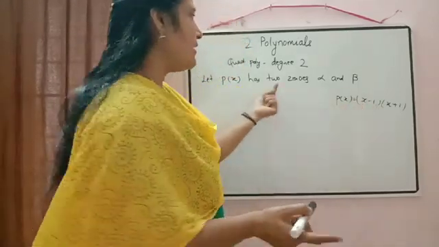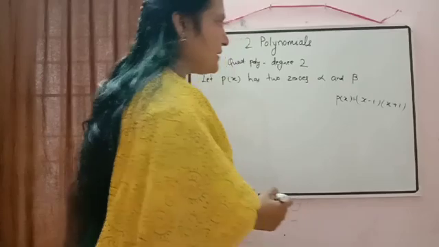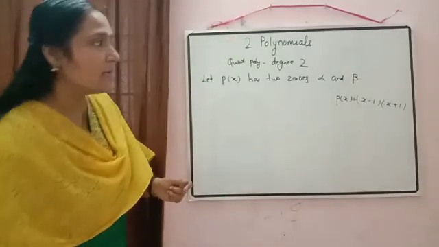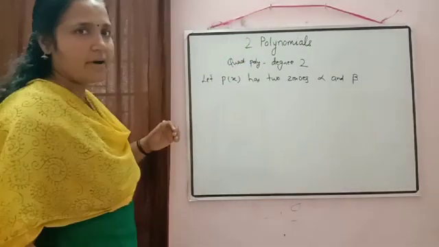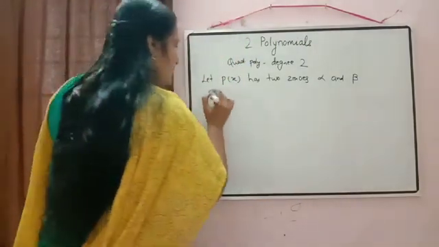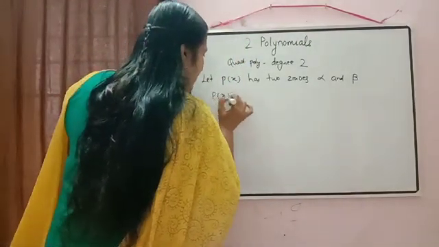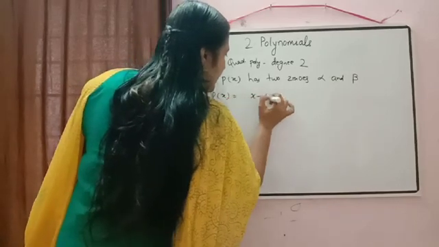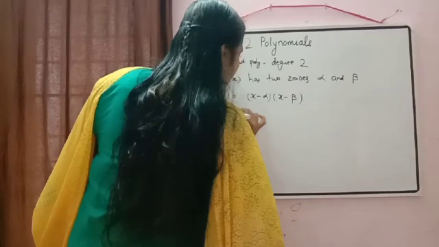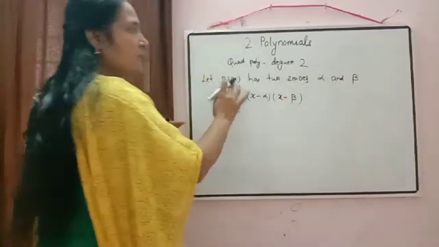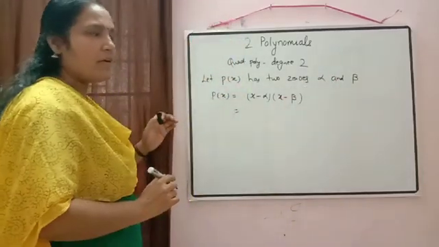In the same way, if the two zeros are alpha and beta, then its factors will be x minus alpha and x minus beta. So p of x is equal to x minus alpha into x minus beta, where alpha and beta are the zeros of the polynomial p of x.